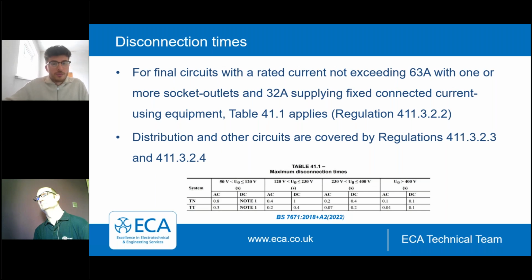Those circuits are covered by regulations 411.3.2.3 and 411.3.2.4 respectively, and they tell us for, let's say, a distribution circuit on a TN system, the maximum disconnection time is 5 seconds, and respectively for a TT system, 1 second. So this is how quickly our circuits need to disconnect depending upon the type, use, and earthing system in question.